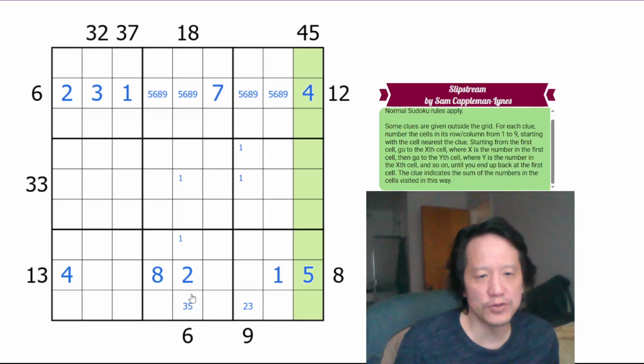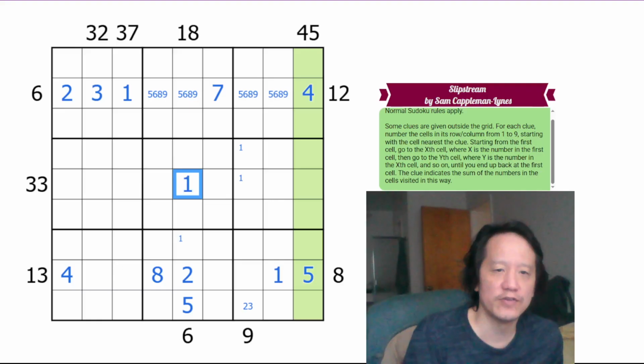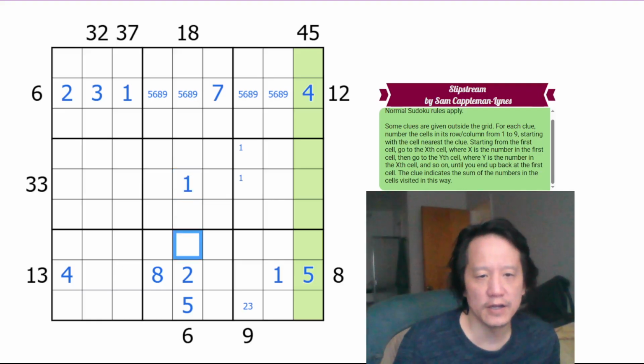So this could be either 3 going to... It cannot be 3. If this is 3, it goes directly to the 1, which would go back to itself. So this has to be 5. So this is 5, and this is 1. Adding up to 6, right? So it bounces here and here. This bounces 4, 8 to 1. That's 13. 5, 2 to 1, which is 8.